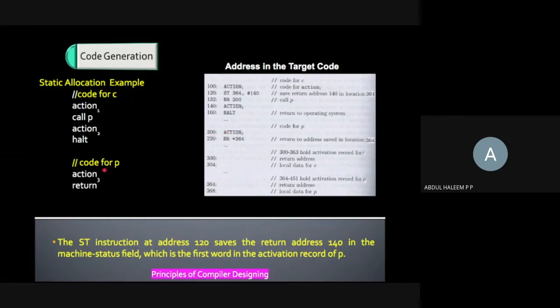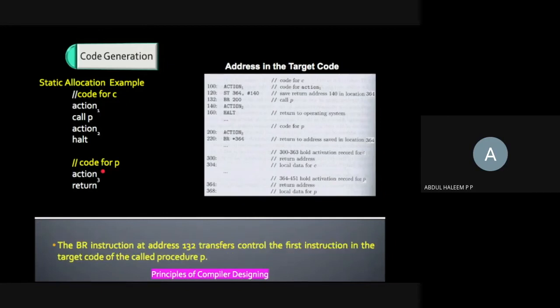Now code for P will be executed. Once the code for P is executed, it should return now. Return is implemented as a single instruction, BR to the return address. Each call will be implemented as 2 instructions, whereas a return will be implemented by just 1 instruction. We will simply branch to action 2. Action 2 is stored at 140. Instead of branching to 140 as such, we know the place where 140 is stored.